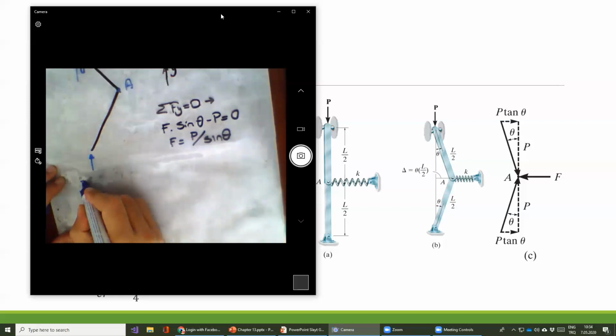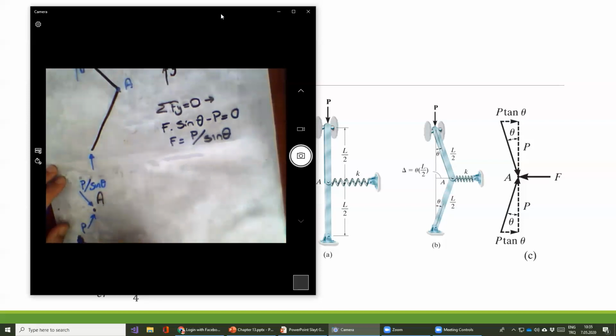F is equal to P divided by sine theta. Both of these angles are called theta here.